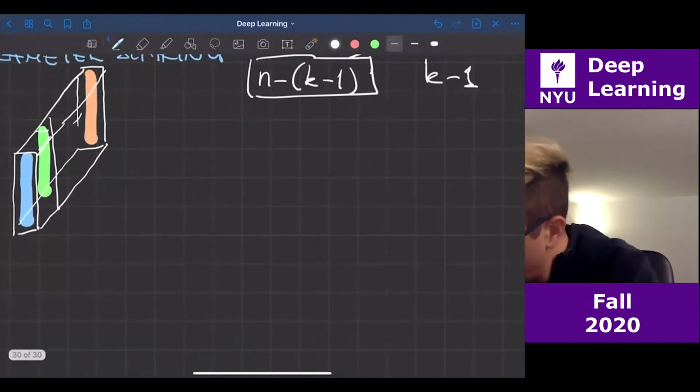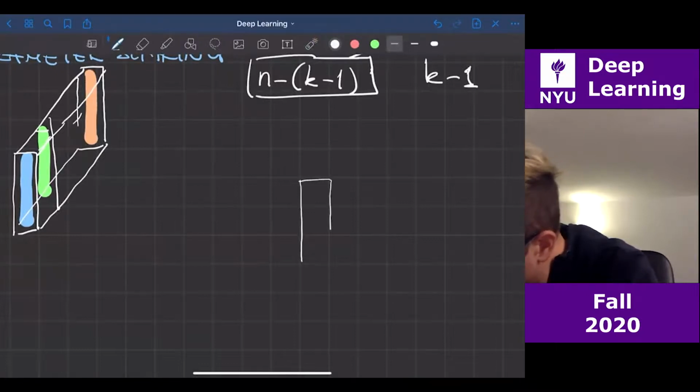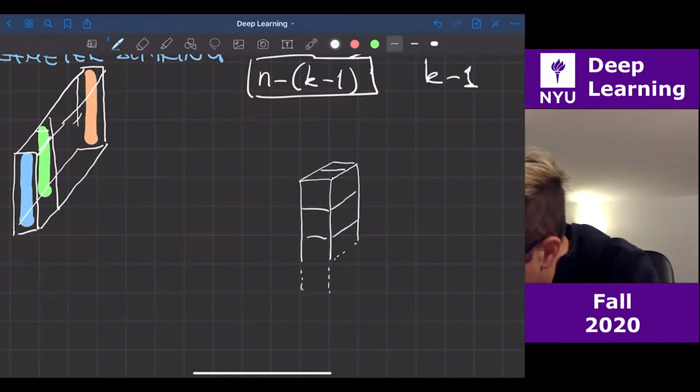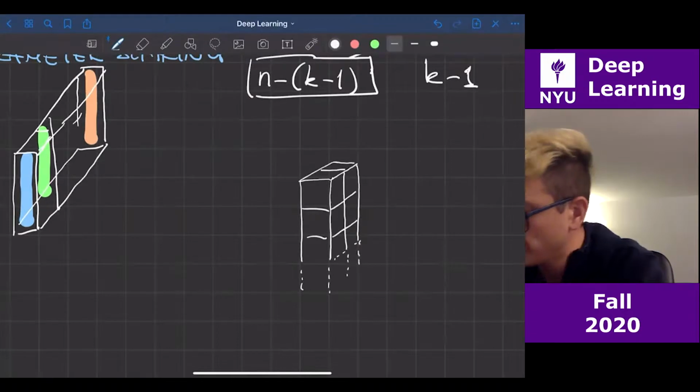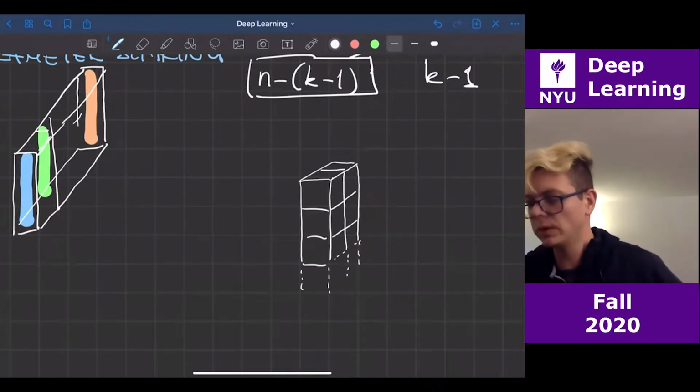So let's say I have my signal, which is going to be like that. And then I have two channels. Okay. And so how do we compute this convolution?